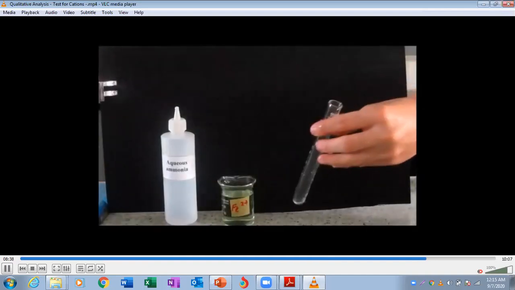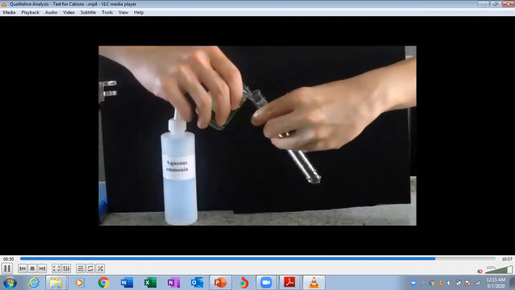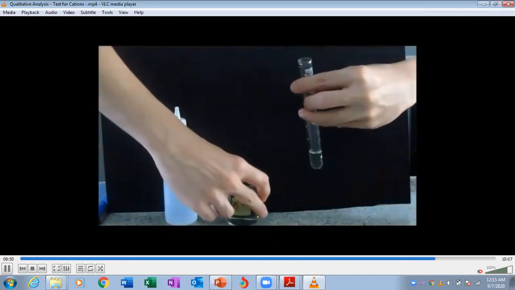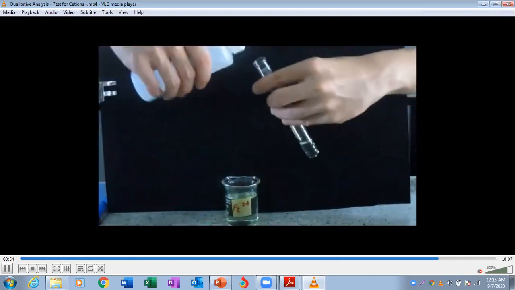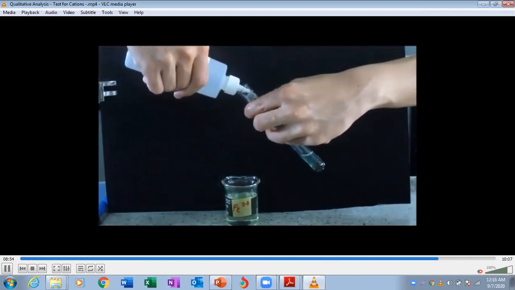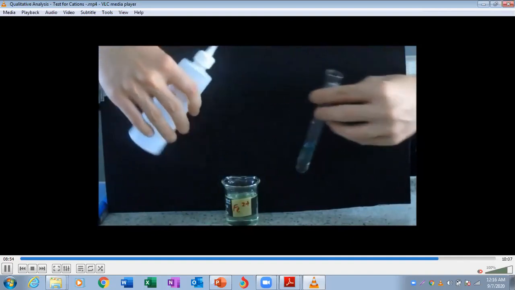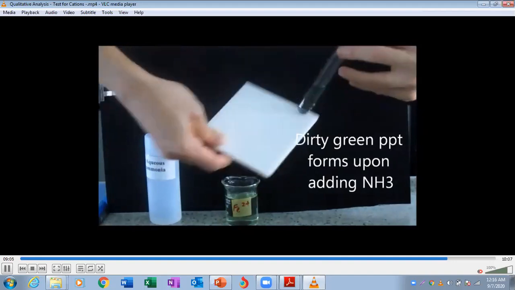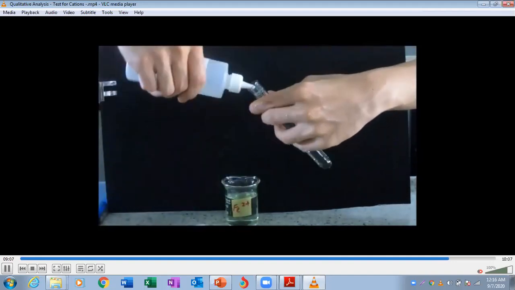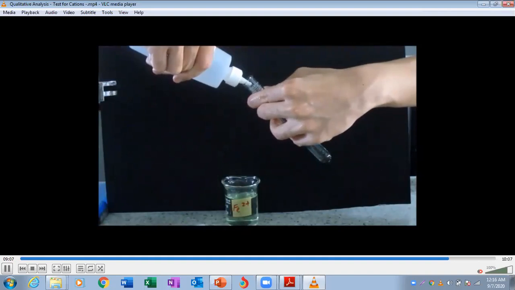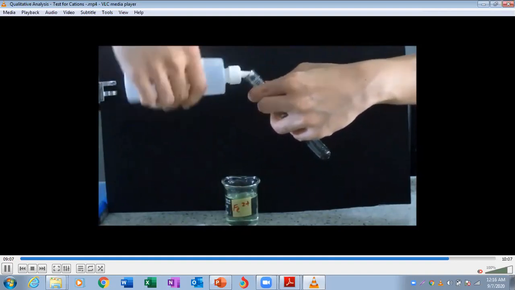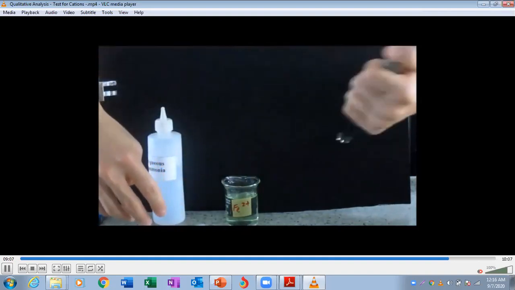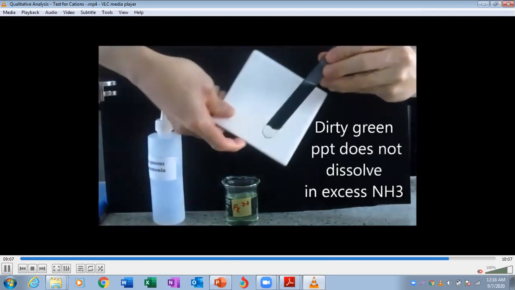In case of iron, aqueous ammonia is there. The dirty green precipitate, look here, adding some more ammonia solution. Still dirty green precipitates are there.